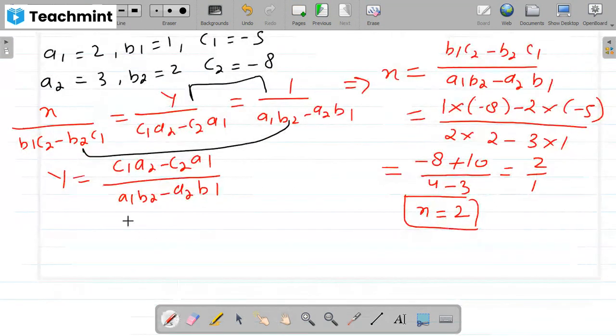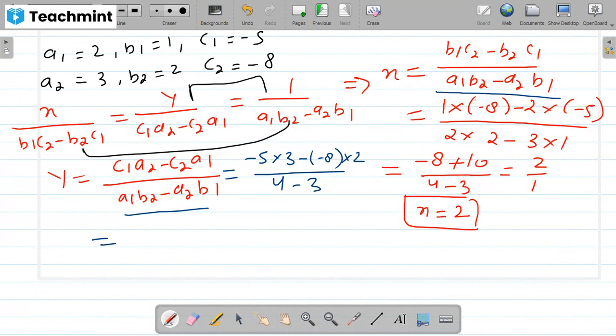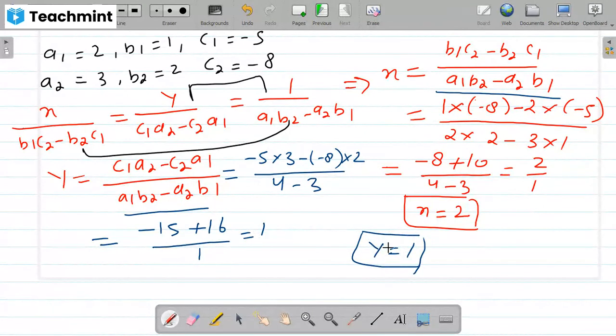So finding the value of y, put the value of c1 minus 5 and a2 3, minus value of c2 minus 8, value of a1 2, and this denominator and this denominator are the same, so give the same value: 4 minus 3, and there are 5 3 are 15, minus 15, minus minus plus 2 8 ja 16, there are 1, so value of y is 1. In this way we can find the value of y.